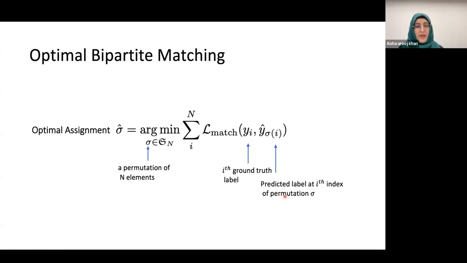For n elements we can have many permutations. For each permutation we compute this matching cost, summed over all elements, and we want to find the matching between these two sets of n elements which gives us the minimum cost. This L match is the pairwise matching cost function.